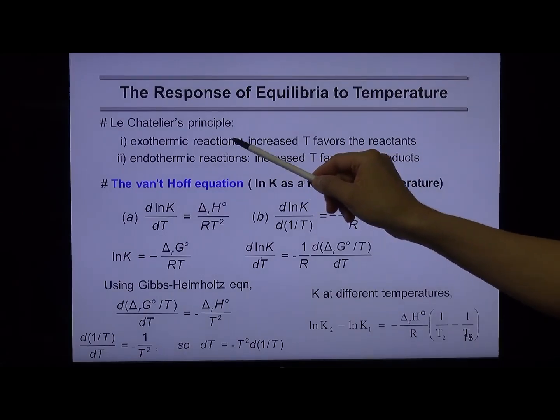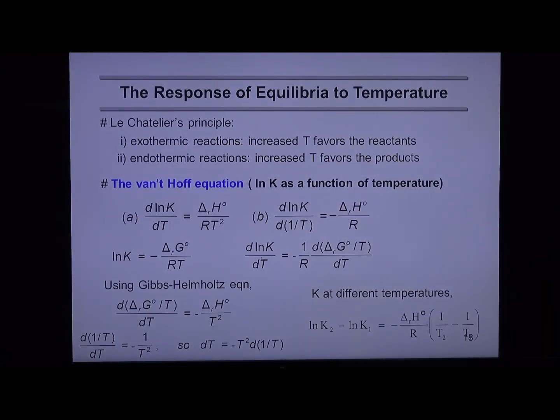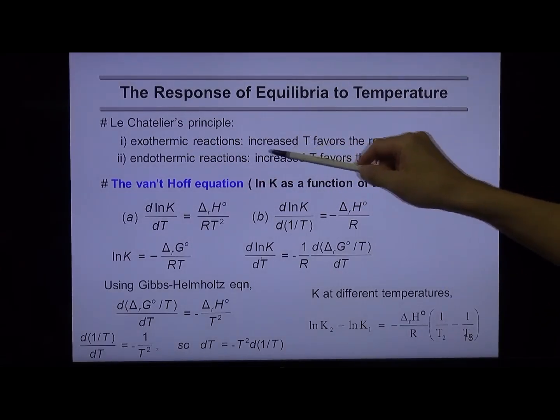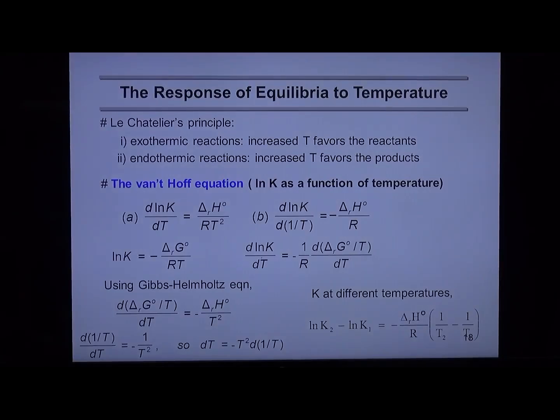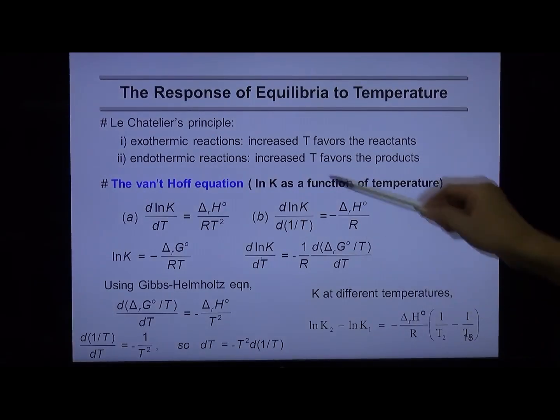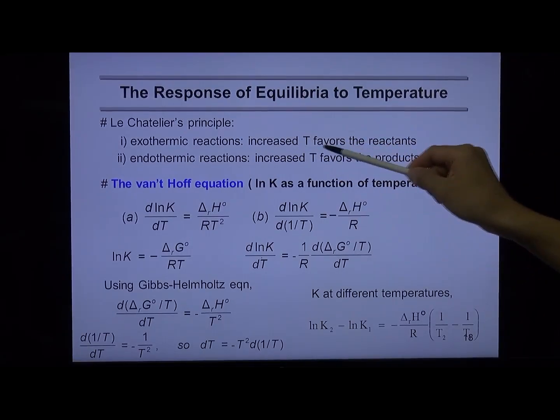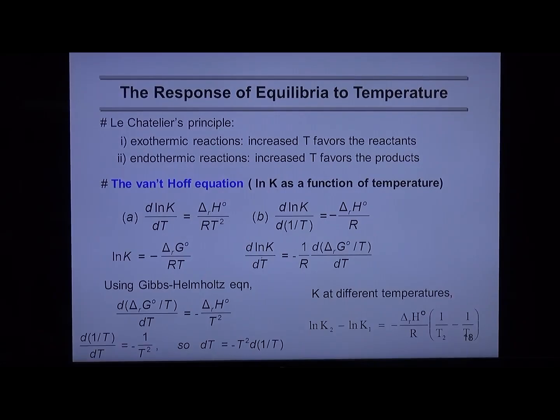If the reaction is exothermic, so basically by reaction heat is generated, then if we increase temperature, what would happen? The equilibrium would move to minimize this effect, to decrease the temperature. To do that, the reverse reaction should occur. So increased T would favor the reactants.